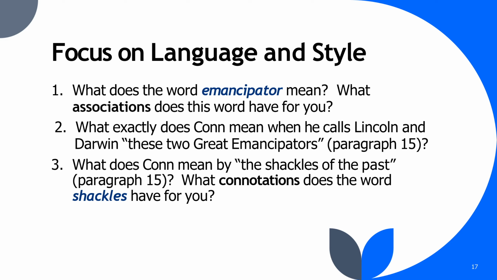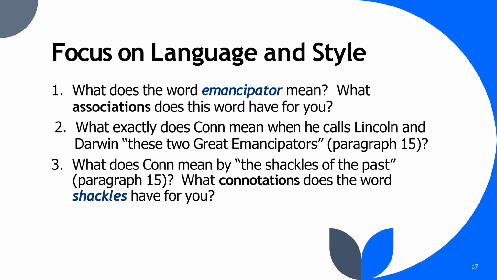It's very important to always be looking at the language. So we have the word emancipator here. If we're talking about Abraham Lincoln, we've probably heard of the Emancipation Proclamation, the legislation which freed the slaves. And yet, the author uses the same word for Darwin.